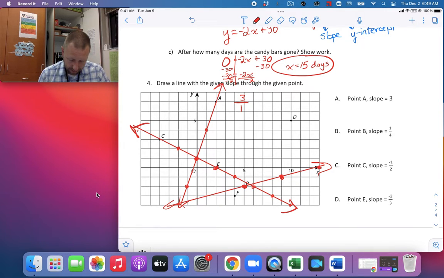Down 2, and to the right 3. That gives me a nice set of points to make this line that goes through point E.